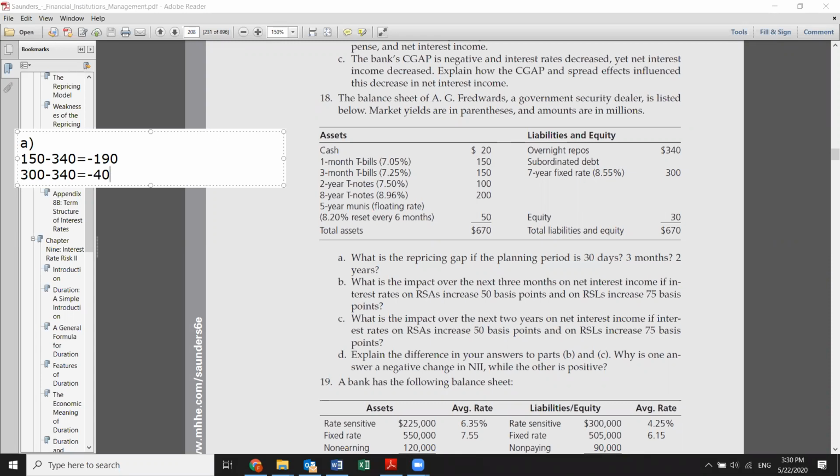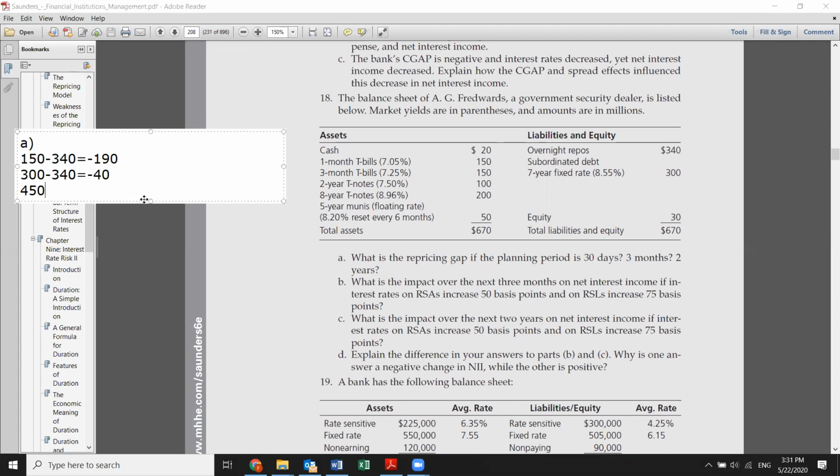And the repricing gap with the 2 years, I should include 150, 150, the 2 years, 100, and this one I'm including, this 50, because it is repriced every 6 months. So in total, I should have 450: 150 plus 150 plus 100 plus 50.